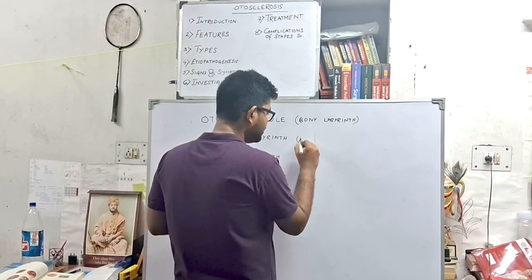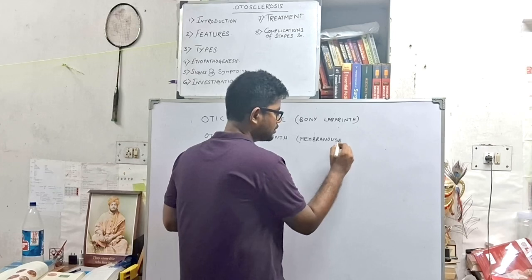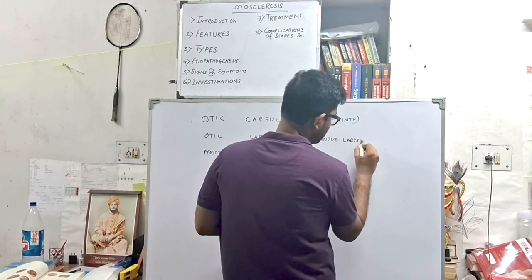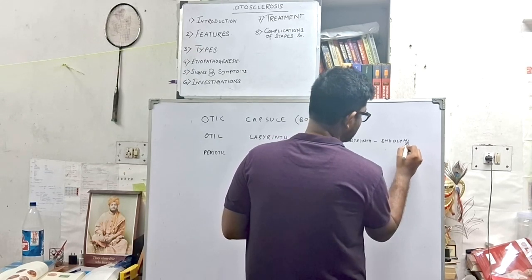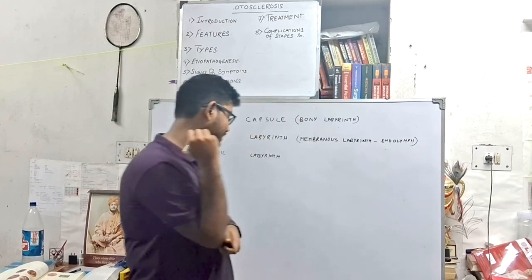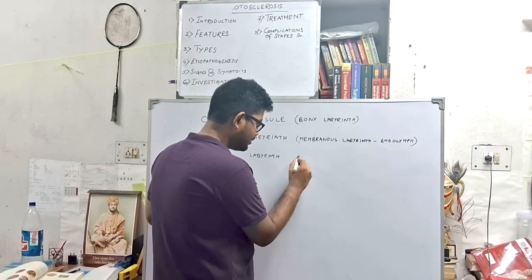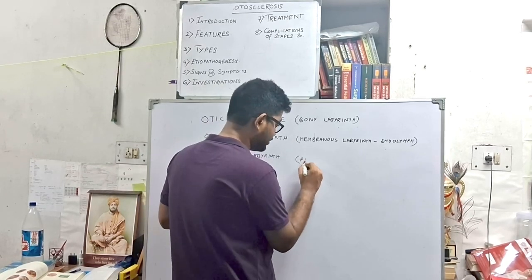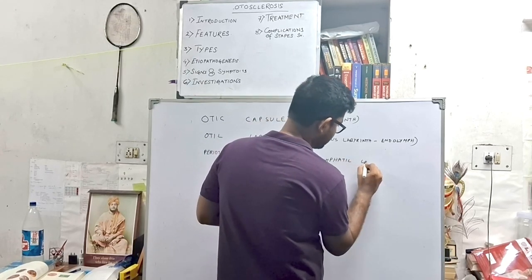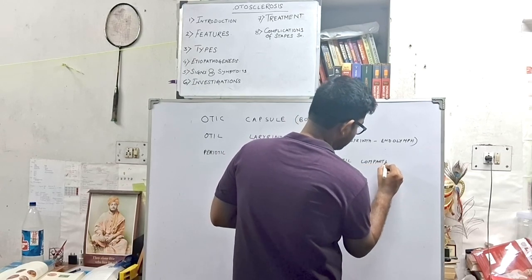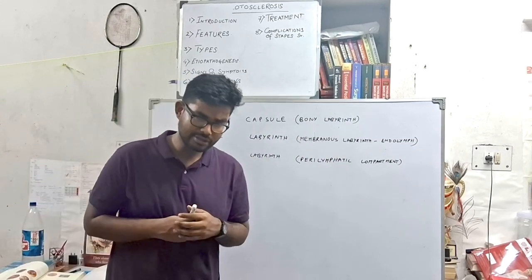Otic labyrinth is basically the membranous labyrinth, where endolymph circulates. And periotic labyrinth is the perilymphatic compartment, so basically where the perilymph is circulating.